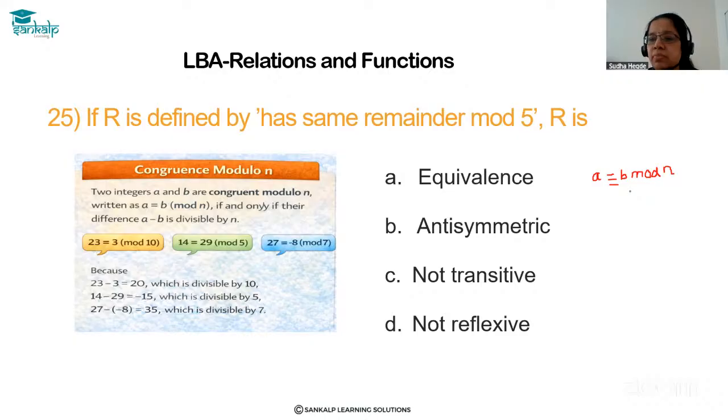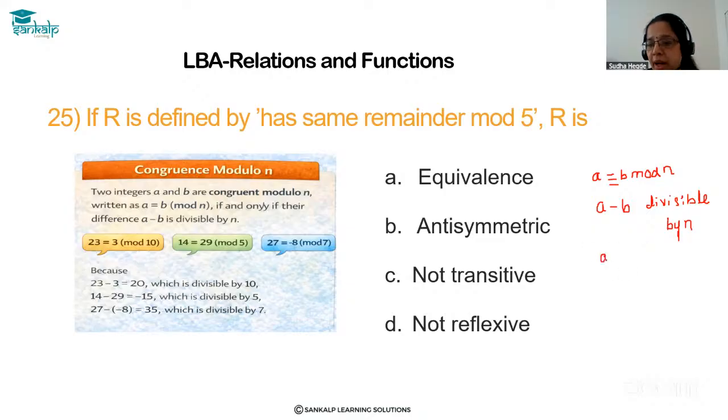It means A minus B is divisible by n. Here in this case, instead of n, you have 5.